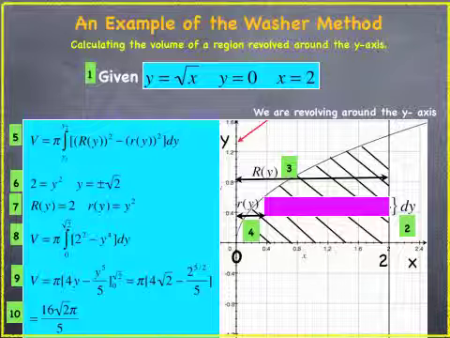Since it's a horizontal measurement, you calculate right minus left. The right side touches 2, and the left is the axis, which is just 0. So the difference is our outer radius, which is 2. I've listed that in item 7 on the left side.